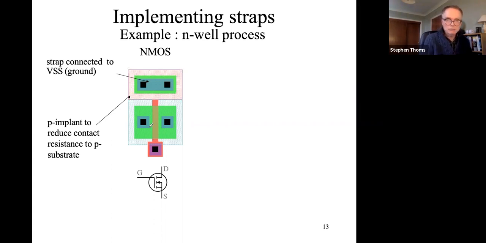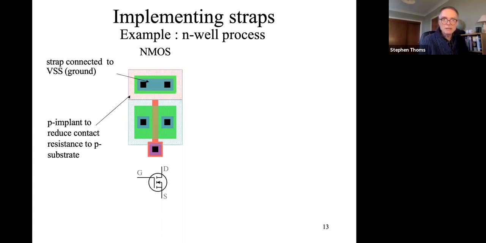Just like these connections here, where you have a heavily doped N-select region, to make a good connection to the local body area, you need a heavily doped P implant just here. Then you open up the field oxide so you've got access to that area, and you put down your vias, little black squares, and the metal, so you connect it to ground.